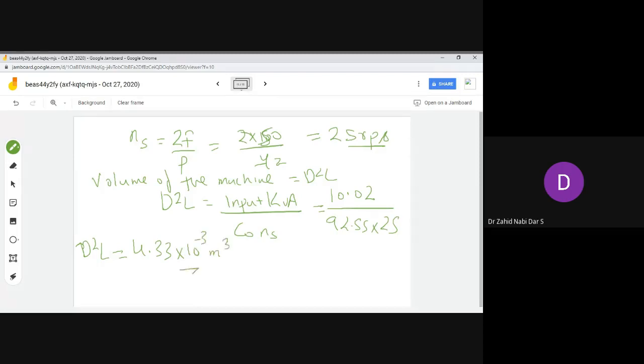Now for best power factor, Z is equal to 0.18 L. What is Z?